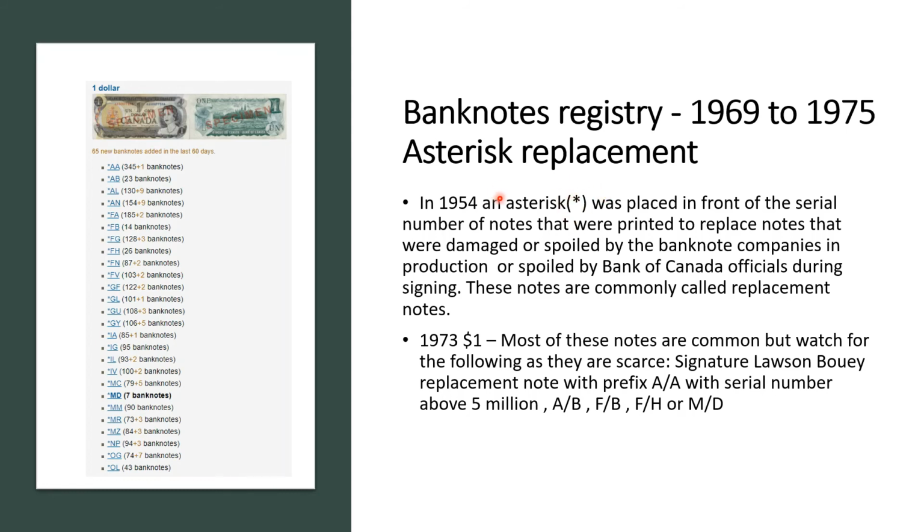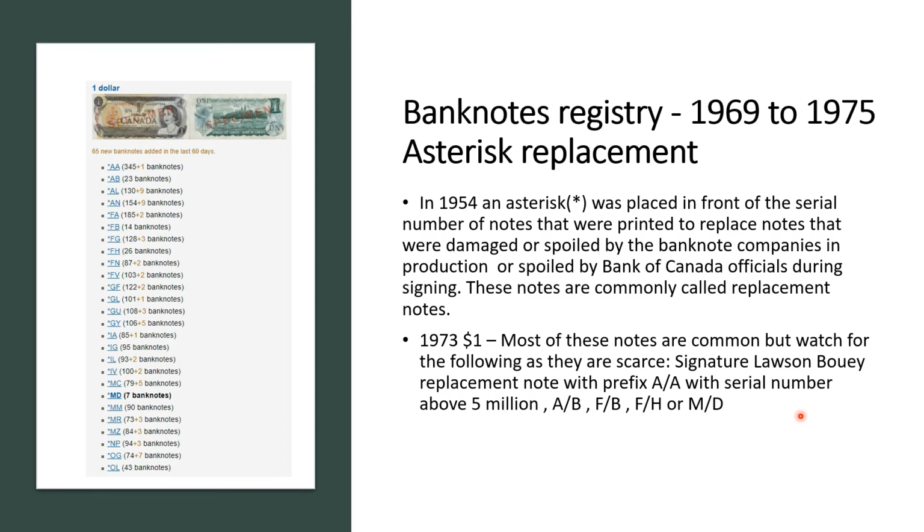So if there's an asterisk in front of the prefix like this, that means it's a replacement note. I don't have any of the values listed here, but I think if we looked it up, we'd probably find that they're worth more than $1 anyways. So then you go back to condition and grading and that kind of thing on them.